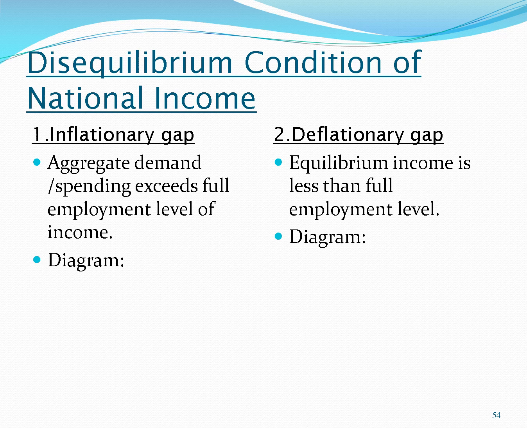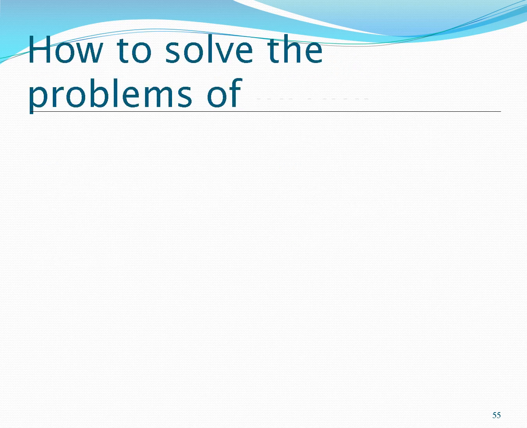They have their own diagram, and you have to know how to sketch it. The second one is the deflationary gap, or in simple words, recession. Equilibrium income is less than full employment, and they have their own diagram.